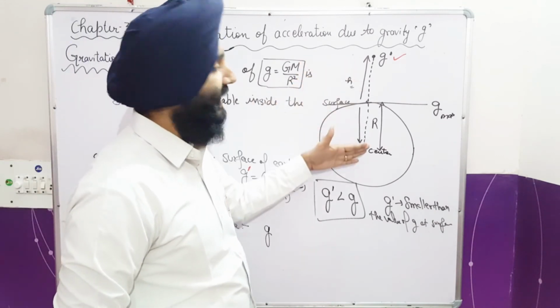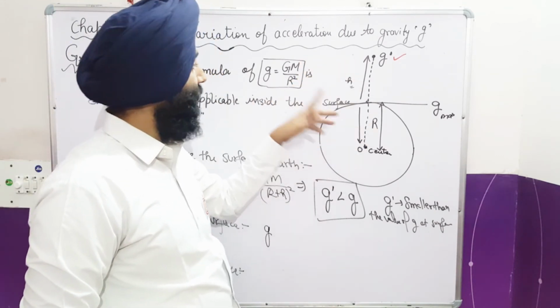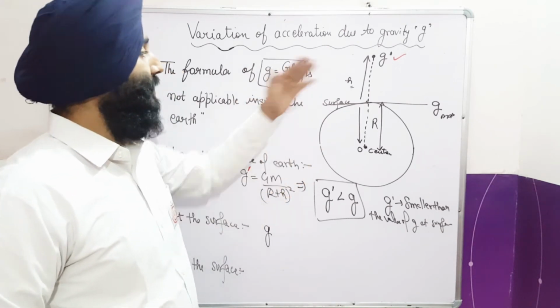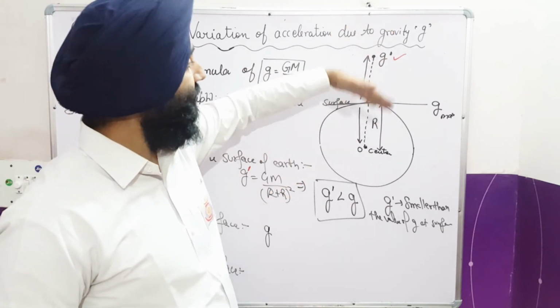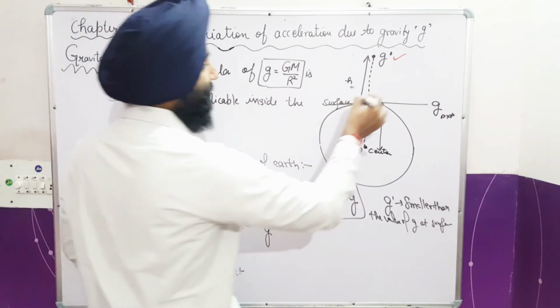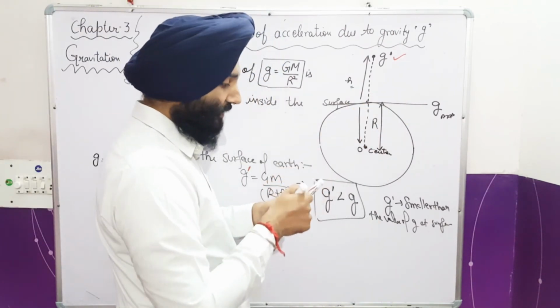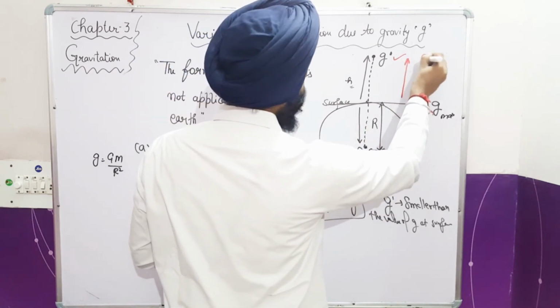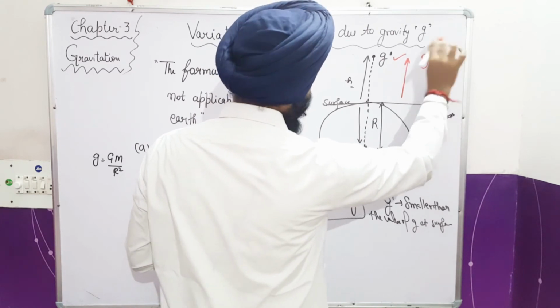But inside, बच्चे, inside the surface of the earth, this formula is not valid, not applicable. Fine. This formula is applicable on the surface and above the surface. So inside the surface again. So I will discuss the case of above first. कैसे? जैसे ऊपर को जा रहे हैं बच्चे, the value of g will decrease. Fine.